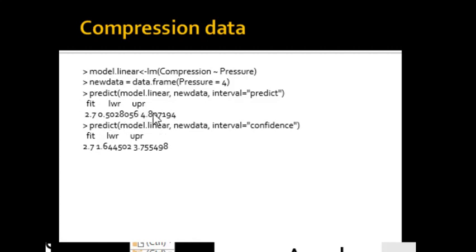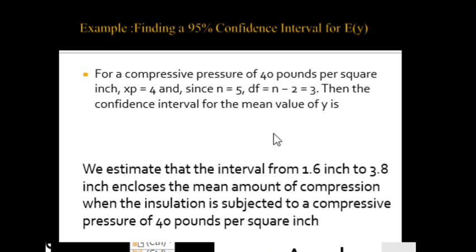So this is the prediction interval, from 0.502 to 4.89. This is the confidence interval, which is from 1.64 to 3.76. So these are the interval estimates when the pressure is 4, or X is 4.